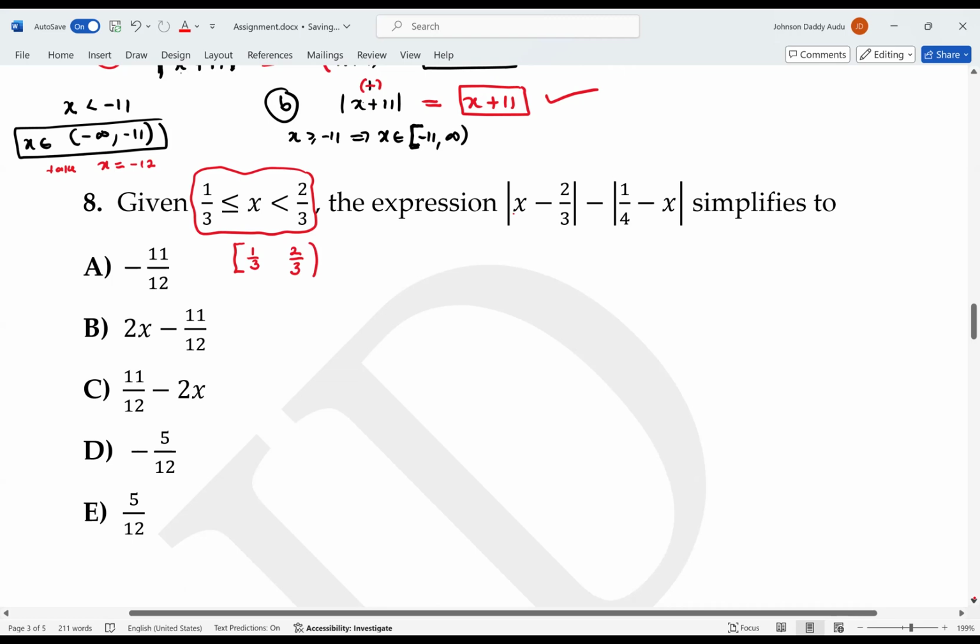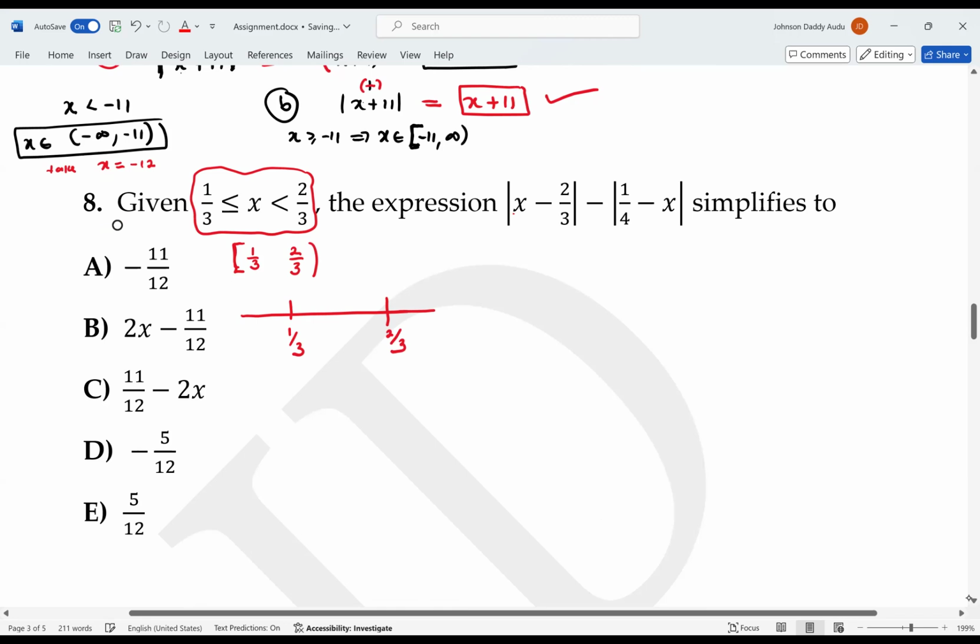That is the first thing. Now, how do you check? You take any x from here. So just take any number that is between 1 over 3 and 2 over 3, and that is the number you can use. So, for example, you can see that this is 1 over 3, and now this is 2 over 3.